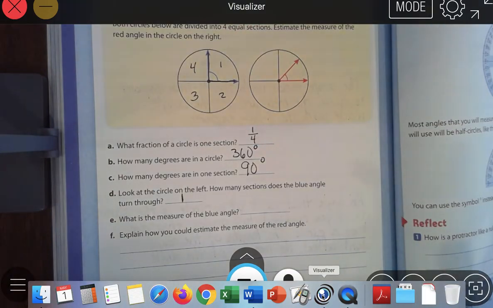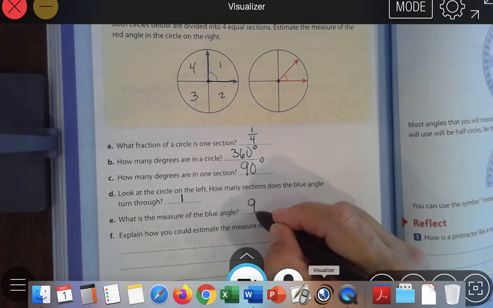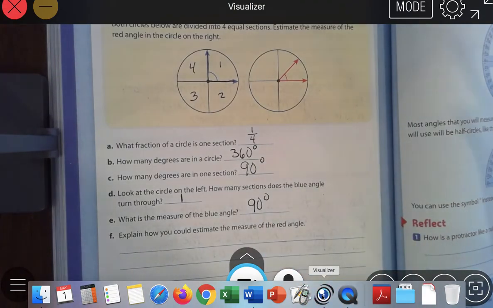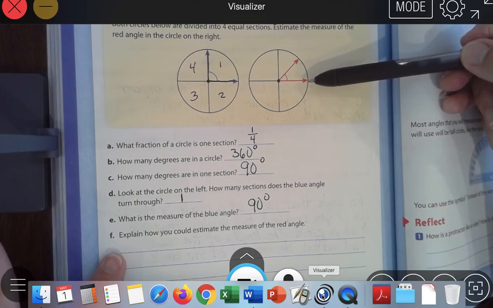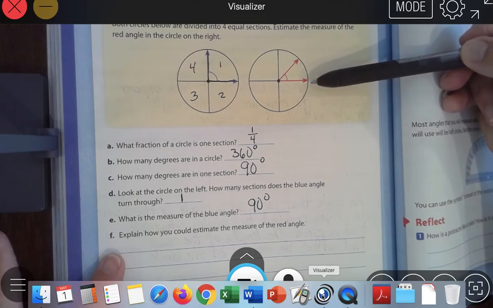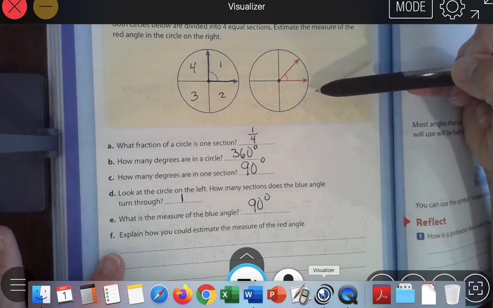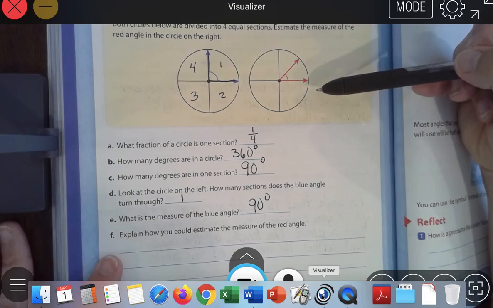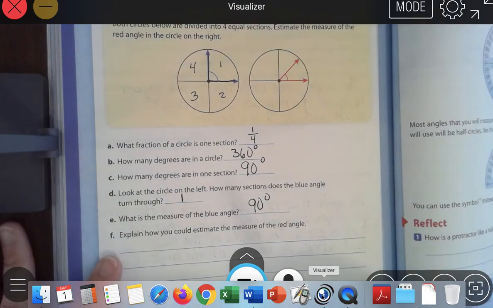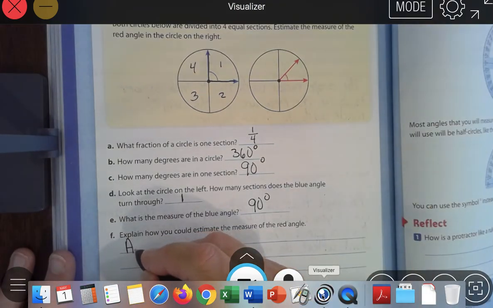What is the measure of the blue angle? Well, we know that a right angle is also 90 degrees. Now, how could we estimate the measure of the red angle? Well, we're going to look, and it is not completely a 90-degree angle. And if you remember from last week, anything that is below 90 degrees is called an acute angle.